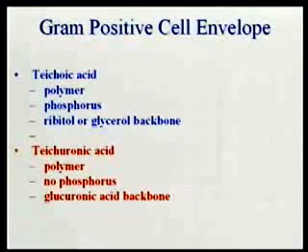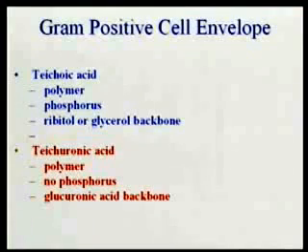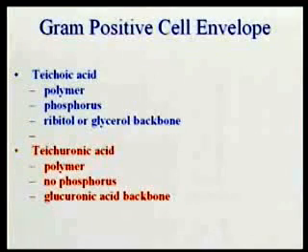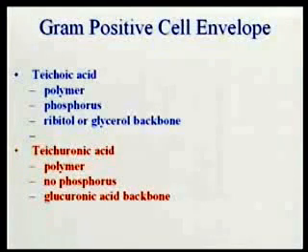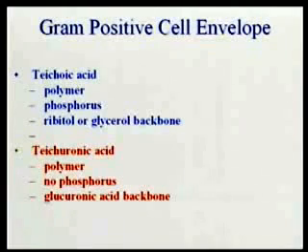Now, what you should be saying to yourself, he keeps emphasizing charge over and over again here, but he hasn't told me why. You might also say, I don't care. But if you do care, the reason is because these molecules are involved in ion uptake, not I-R-O-N, ion, I-O-N, metal ion uptake. They're involved in taking up positively charged metal ions from the environment and serving as a metal ion sink, so that bacteria can pull these metal ions up into their cell walls so they can use it for metabolism.